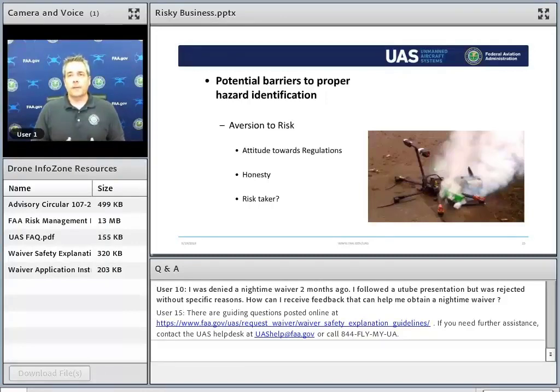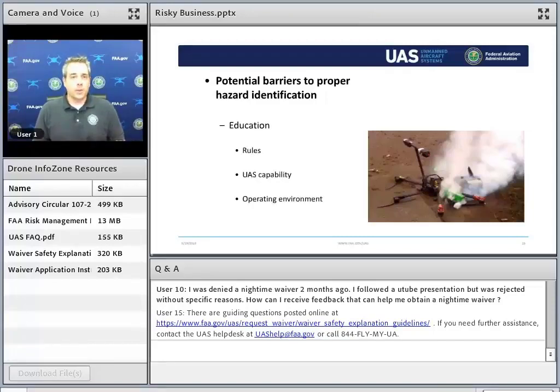If you are prone to taking risks because that's the type of person you are, that's okay as long as you honestly take a look at yourself in that process and say, okay, I know I'm a bit of a risk taker, so I really need to objectively step back and take a look at my proposed operation from a non-risk taker point of view and help me identify the hazards.